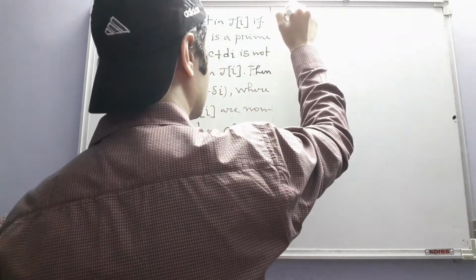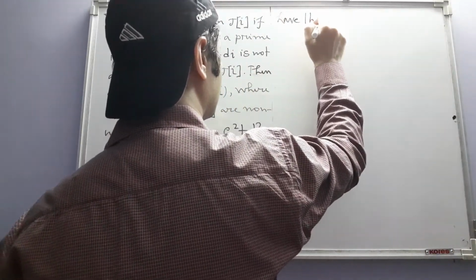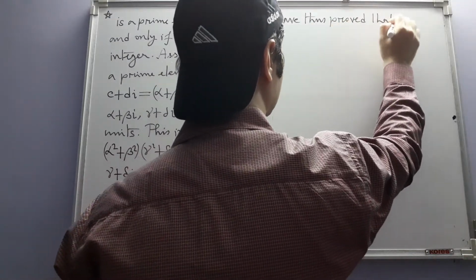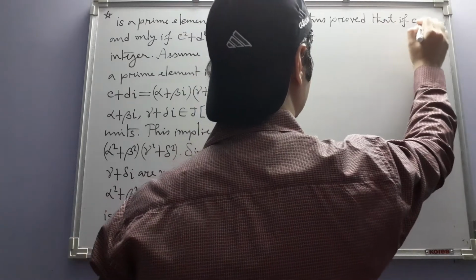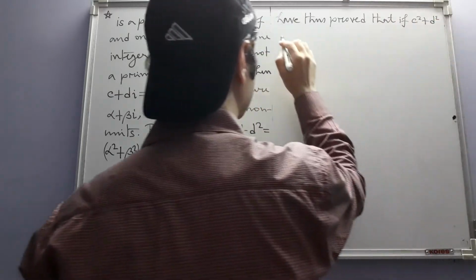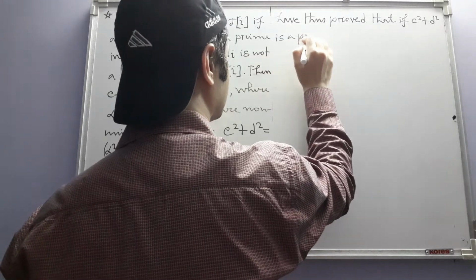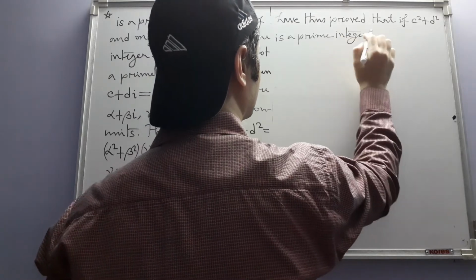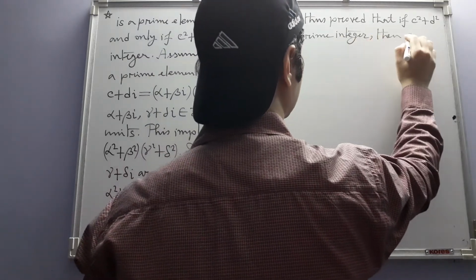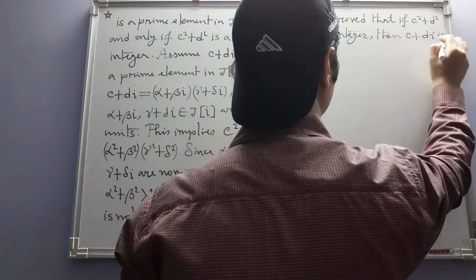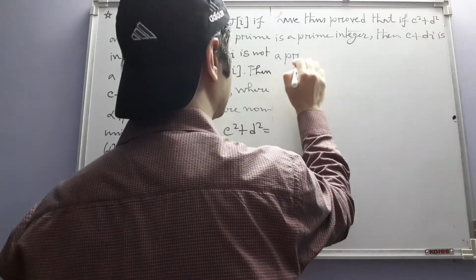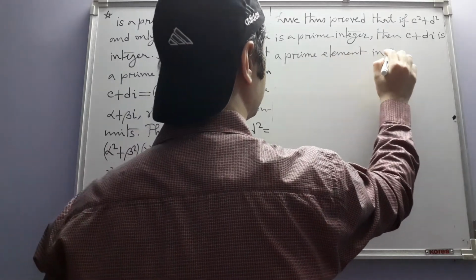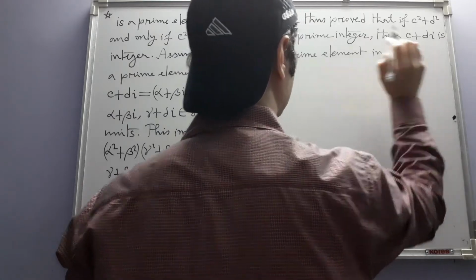We have thus proved that if C square plus D square is a prime integer, then C plus di is a prime element in Ji.